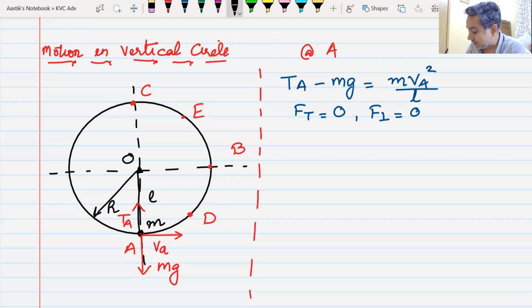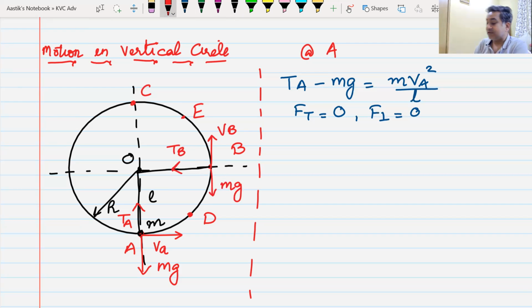Comes point B, my dear friends. This is point B, gentlemen and ladies, girls and boys. And I have drawn the free body diagram just to help you out.